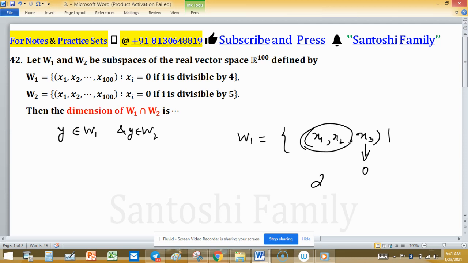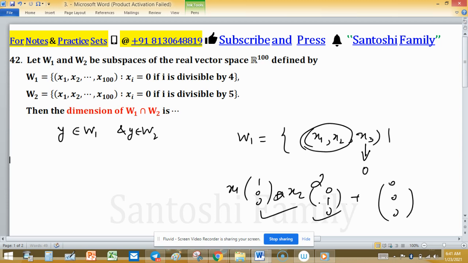So you can take x1 as (1,0,0), x2 as (0,1,0) and x3 as (0,0,0). Only these two are independent vectors, so the dimension of W1 equals 2.